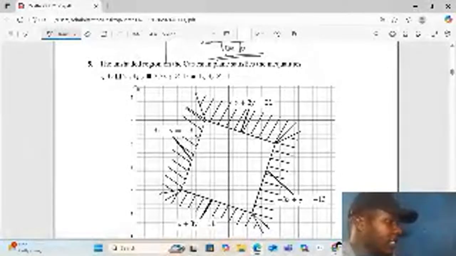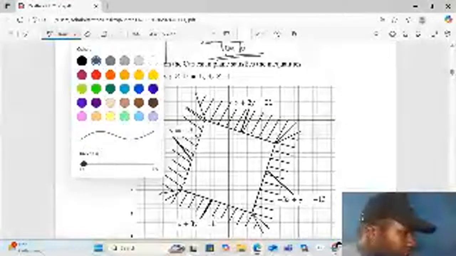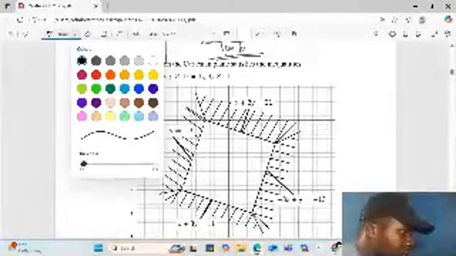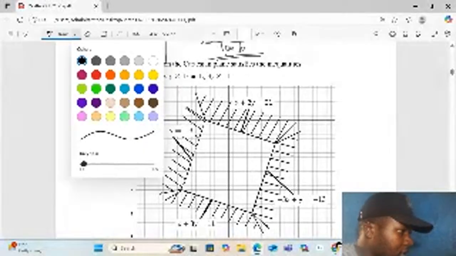That is x plus 3y. Okay, so let me change this one.